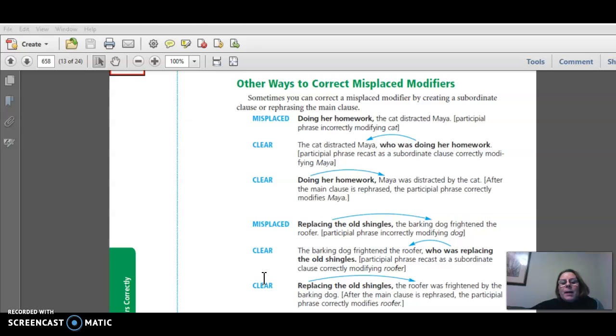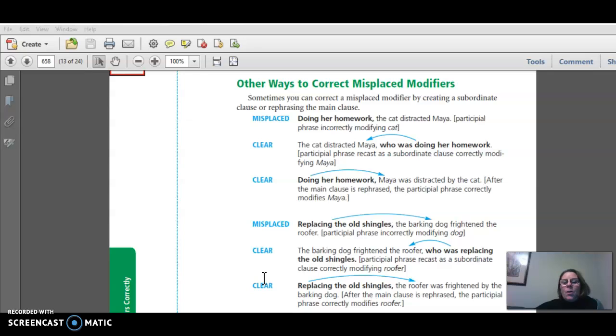Another misplaced modifier: replacing the old shingles, the barking dog frightened the roofer. Again, now that phrase is too close to the dog and it makes it sound like the dog is the one replacing the shingles. So you could say, the barking dog frightened the roofer who was replacing old shingles.